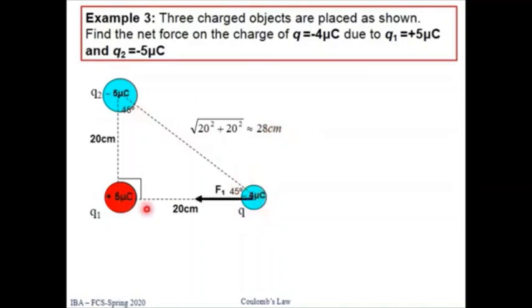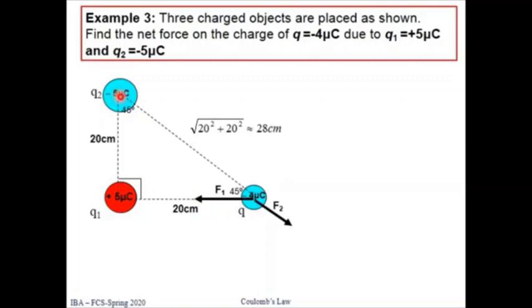If you need to find the force as well as the direction in all cases, let me draw the direction of the force between these two charges. As you know, if you have two opposite charges, there must be an attractive force. Therefore, the direction of force on Q because of Q1 is in this direction.